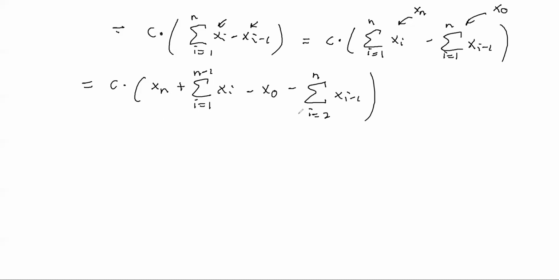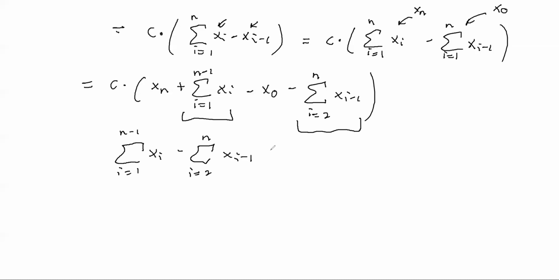If we look at these two sums, it's clear that the difference between them would be 0, so they just cancel each other out. So therefore we have c times x sub n minus x sub 0. Well, I defined before x sub n to be b and x sub 0 to be a. So this is equal to c times b minus a.